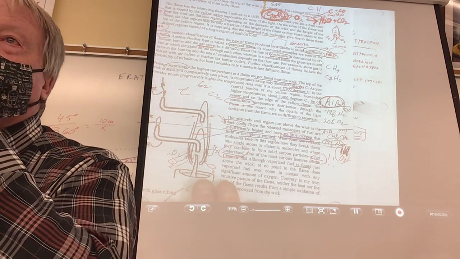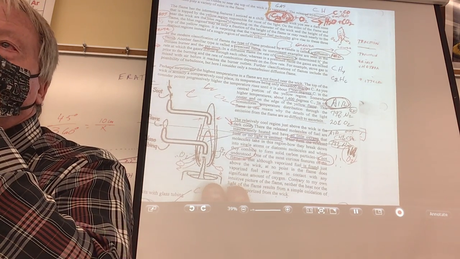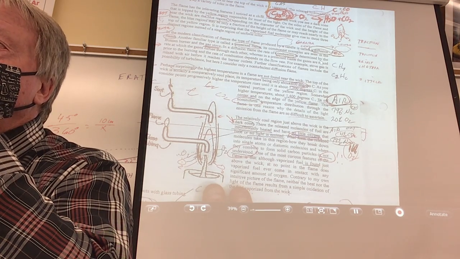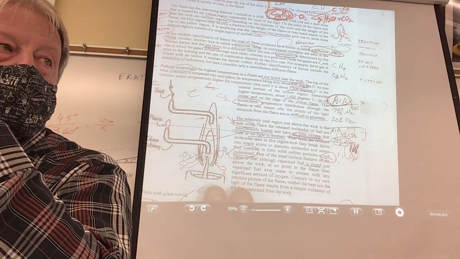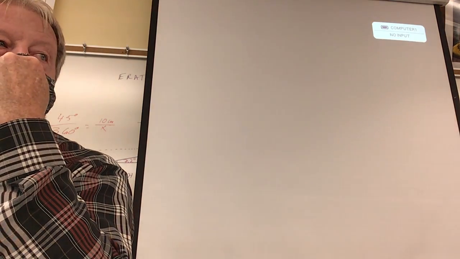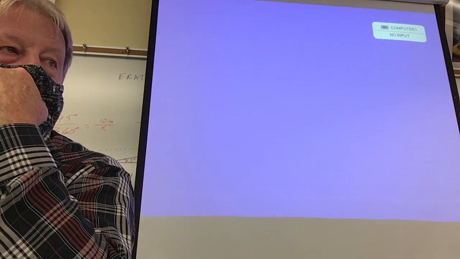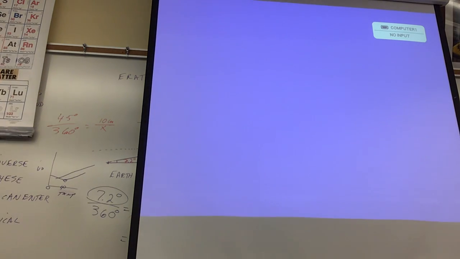But what about a campfire? Diffusion fed or pre-mixed? What do you think? Lisa, what do you think? Campfire. Campfire pre-mixed or diffusion fed?